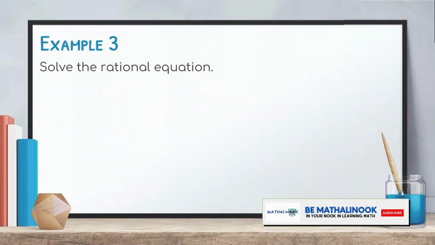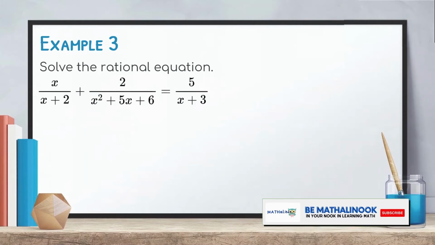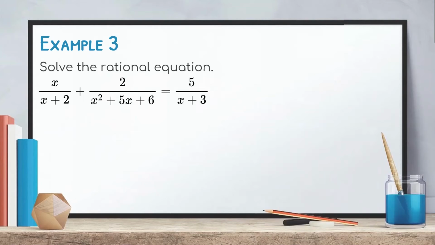For our last example, solve the rational equation x over x plus 2 plus 2 over x squared plus 5x plus 6 equals 5 over x plus 3. To determine the LCD, let us factor the denominator of the second rational expression.